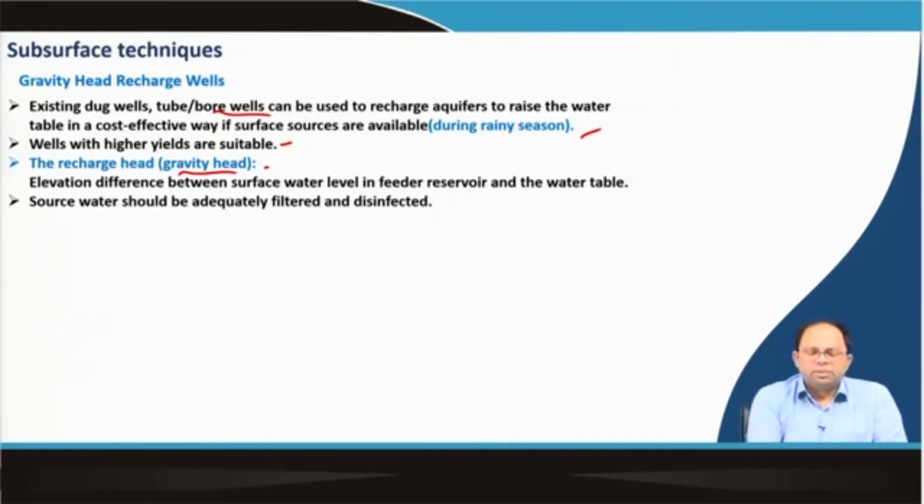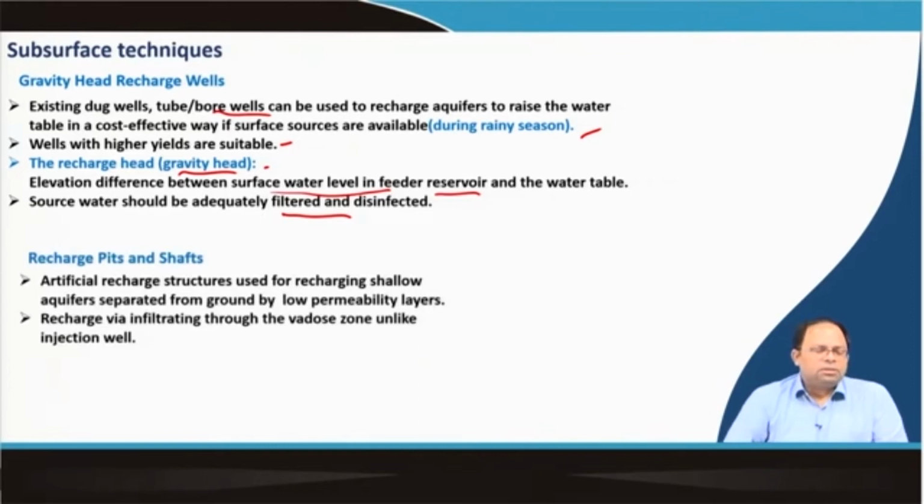And the elevation difference between the surface water level in the feeder reservoir and the water table gives this gravity head, which we will again try to follow as 1.2 times the depth of that particular recharge well. And source water should be adequately filtered and disinfected, and for any kind of recharge we need to have only filtered and properly disinfected water put back into the groundwater.